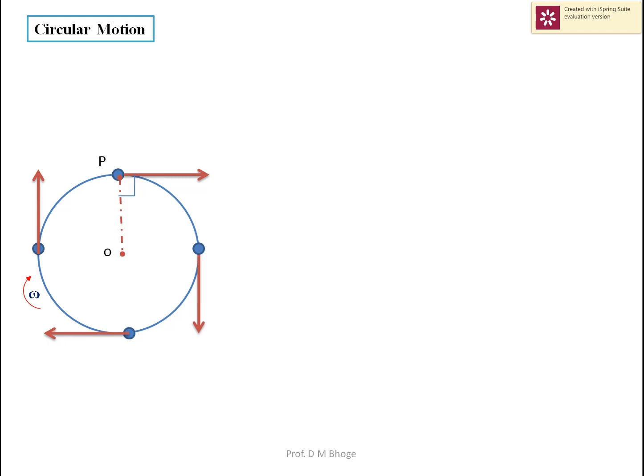What about its magnitude? Magnitude of this linear velocity, which is perpendicular to the radius of rotation, is given by the product of radius of rotation and the velocity with which the particle is rotating. V equals R into omega.